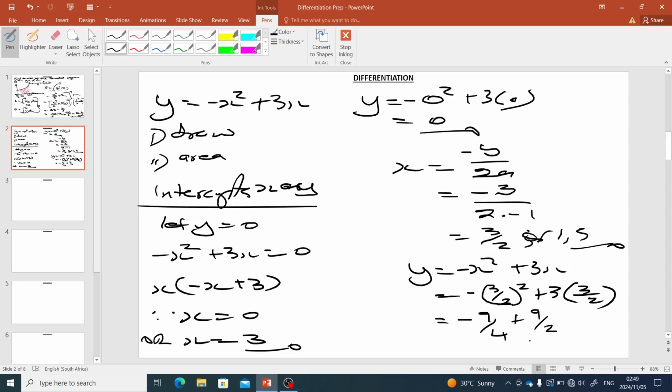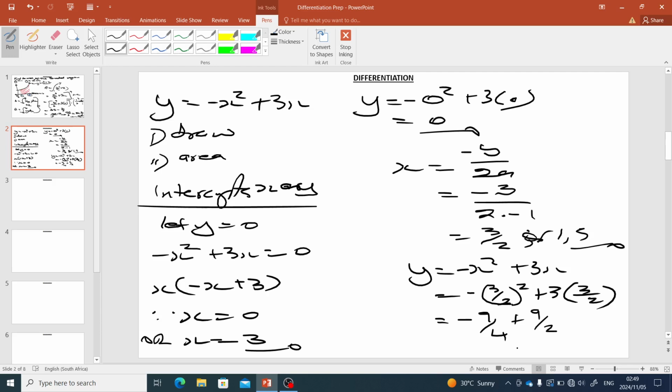Then in taking out the lowest denominator, it will be 4. How many times does 4 go into 4? 1. 1 multiplied by that, it is negative 9.